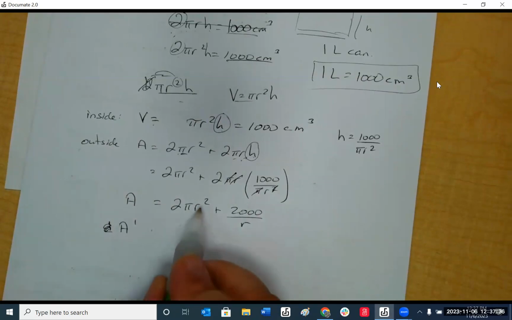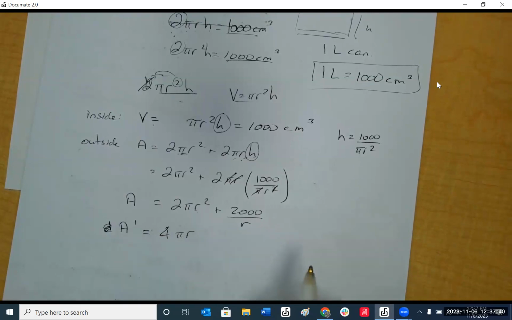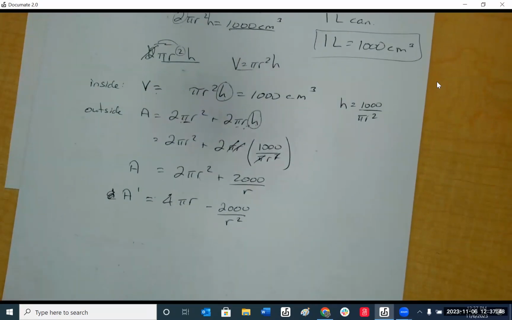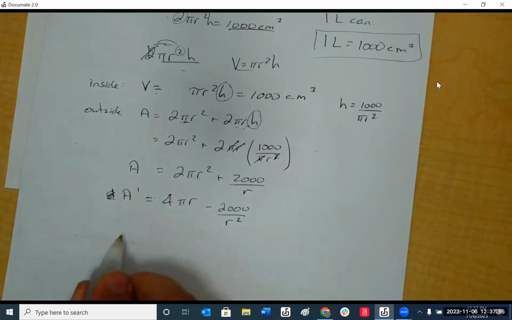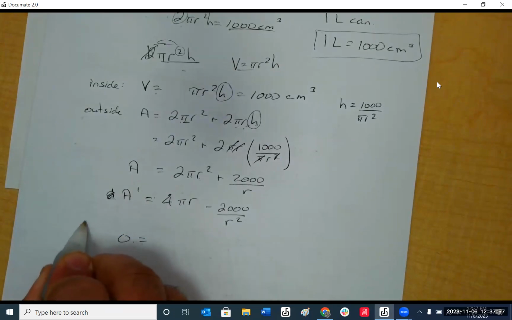The only variable we have is r. Set that equal to 0 since we're looking for the minimum.